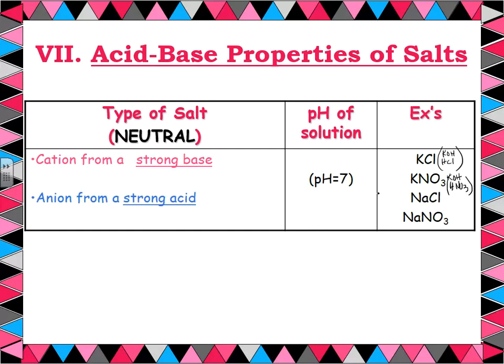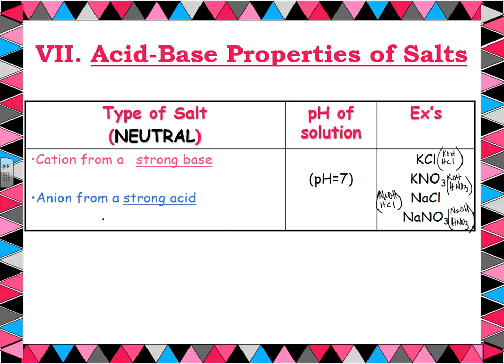Sodium chloride. Sodium comes from sodium hydroxide, the strong base, and HCl is where the chlorine comes from. Strong base, strong acid. Sodium nitrate. Sodium comes from NaOH again, cation from the base. HNO3 would have been the acid that this came from.